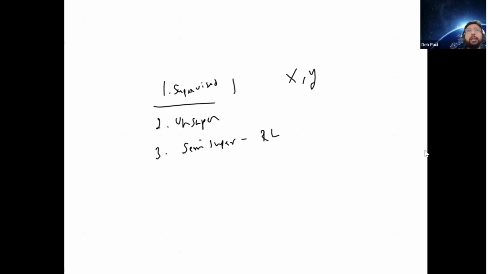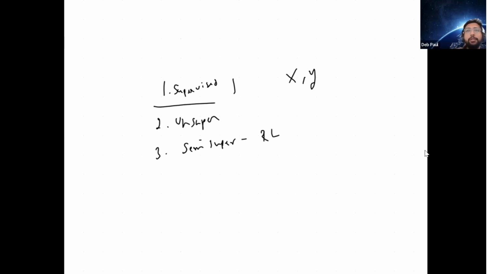And Y is your label. That means you have collected the data, and the label is guiding your model to learn the relation between the feature X and the label Y.